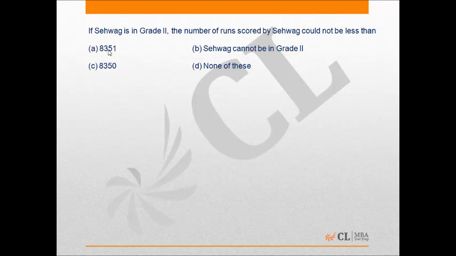If we see the first two options, then what we see in the second option is that Sehwag cannot be in grade 2nd. Before doing anything, we need to explore this possibility, whether Sehwag can be in grade 2nd or not.